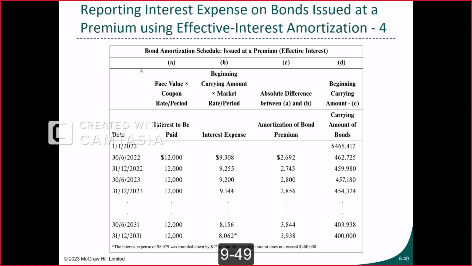Which means we are going to reimburse $400,000, but we collected $465,000. We gathered an excess value of $65,000. We have to spread that excess amount over the entire useful life of the bonds progressively by calculating the difference between the cash amount of interest and interest expense.